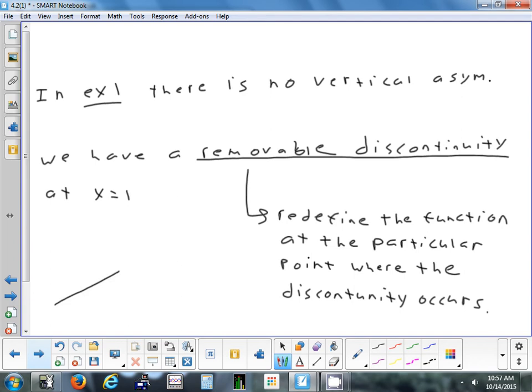All we'd have to do is say, you know what, we'll just redefine when you let x equal that one value, what y should be, and then boom, get a continuous line. So that's called a removable discontinuity. Just another name for a hole in the graph.